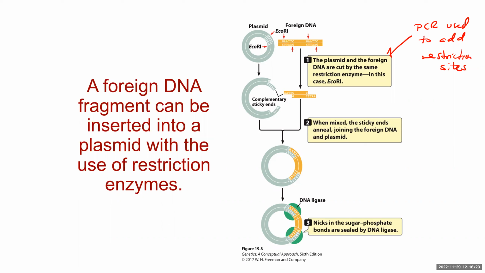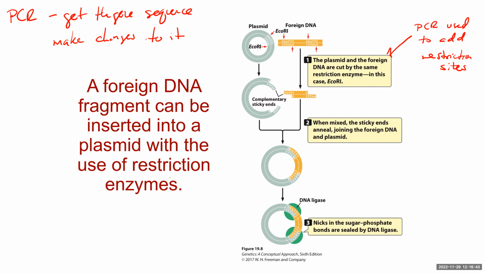So there are a lot of processes we've already discussed that go into the basics of cloning. We can use PCR both to get the gene and to make changes to it. I'm not going to go into details about how you use PCR to make changes, but you can.